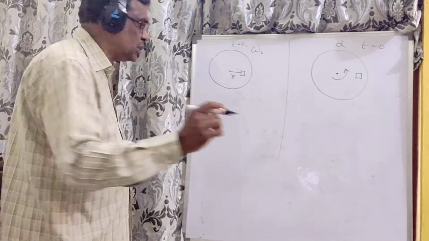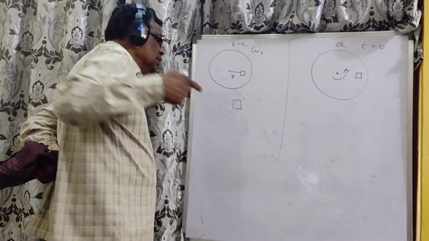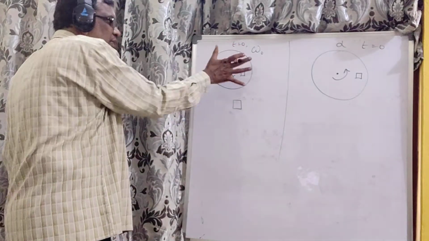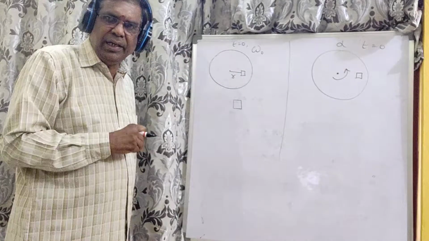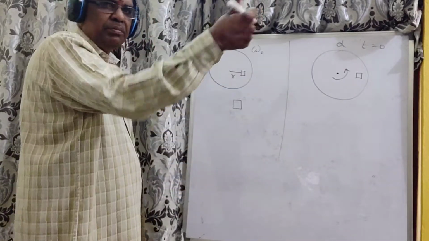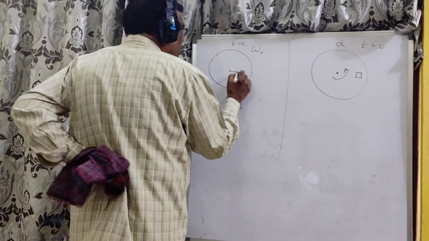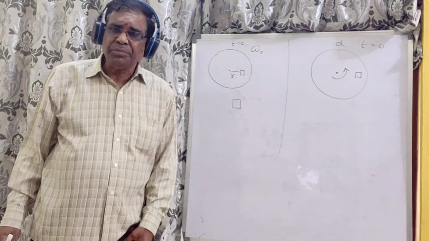Just about to slip. So I draw this FBD: mg is into the board, N is like this. What provides the required centripetal force there?